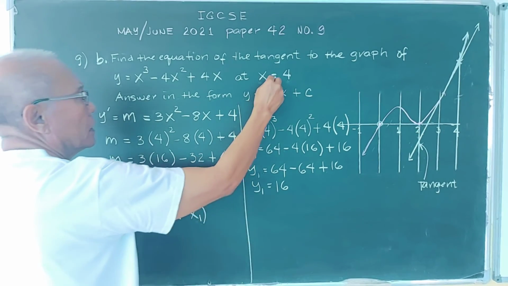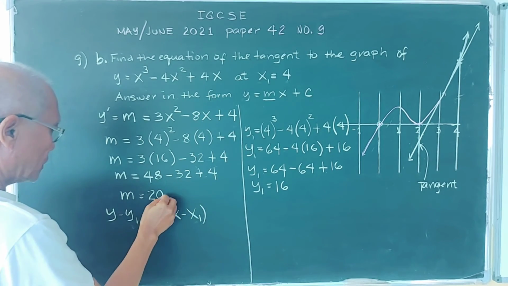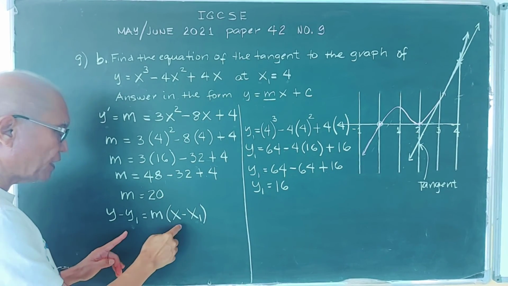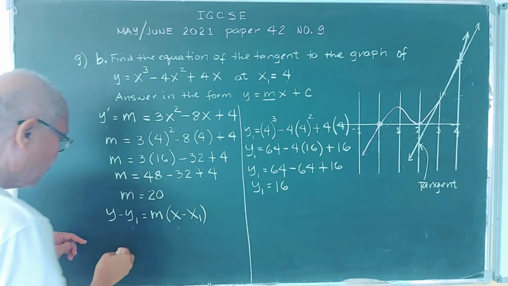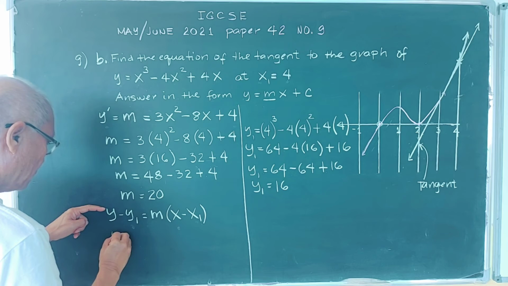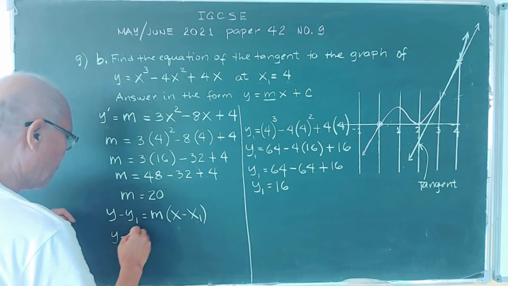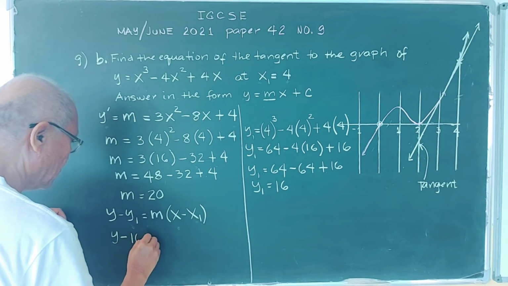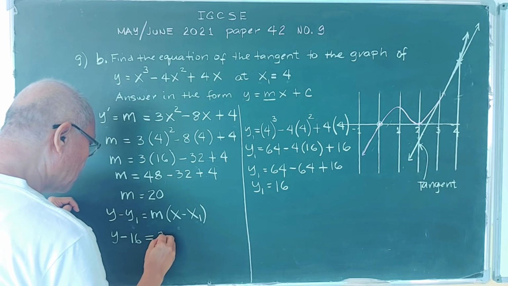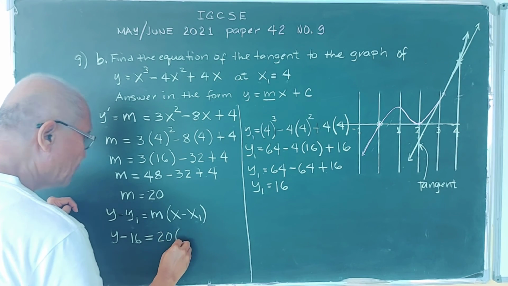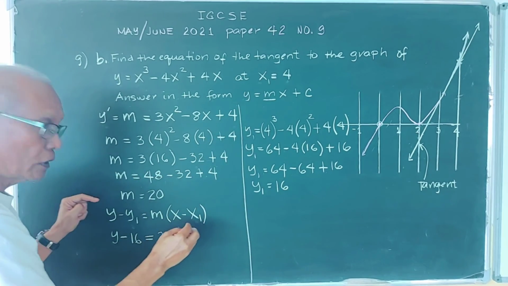Now we have x sub 1, y sub 1, and the slope, which is 20. You can now put everything here and find the equation of the tangent. So y minus y sub 1, which is 16, is equal to m, which is 20, times x minus x sub 1, which is 4.